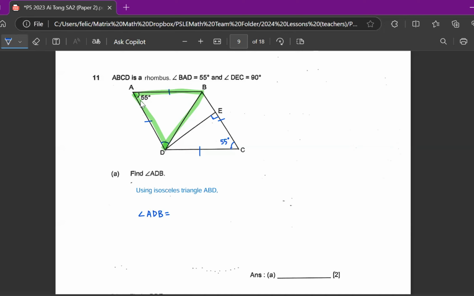We can just use our 180 degree minus 55. Notice that I put a pair of brackets because from here, I'm just going to straight away divide by 2 from the subtraction. This should give us a decimal. Angles, it's okay to have decimal. So this should be 62.5 degree. That's your angle ADB.